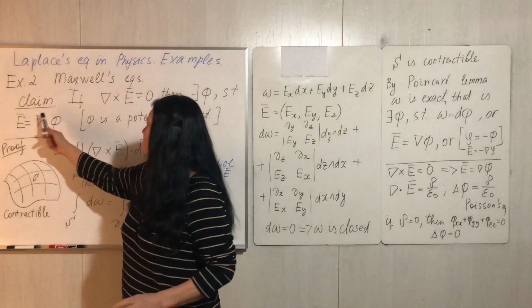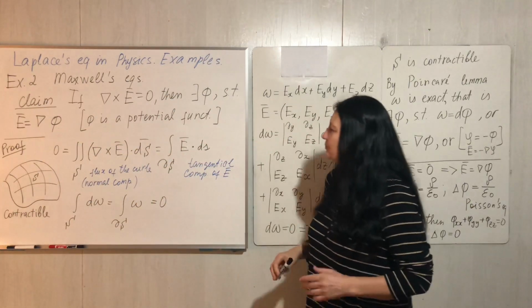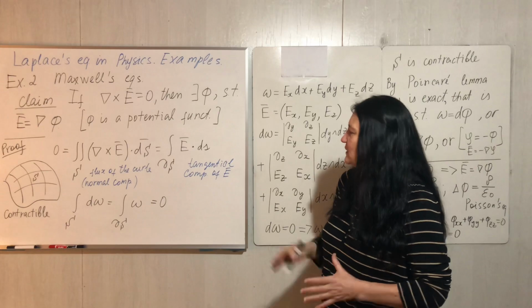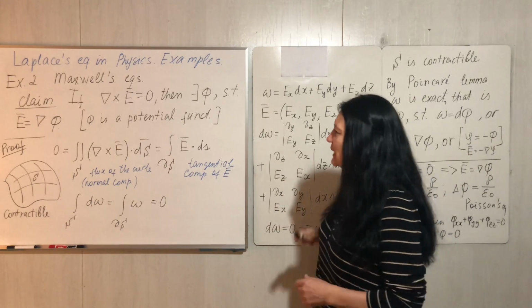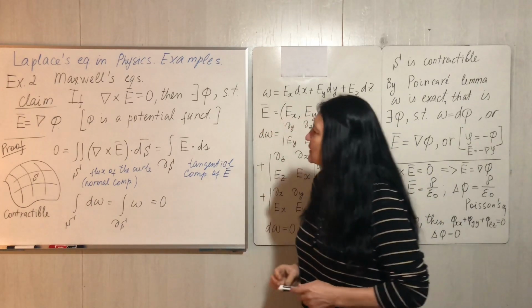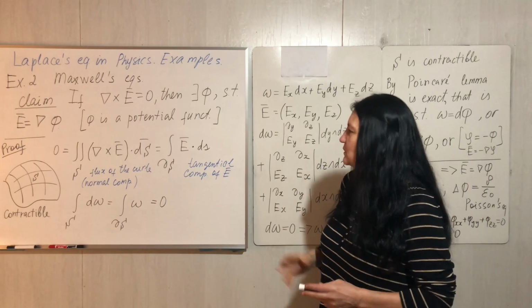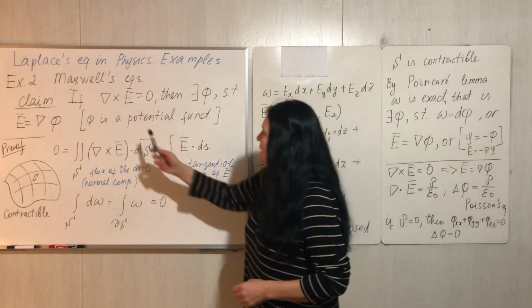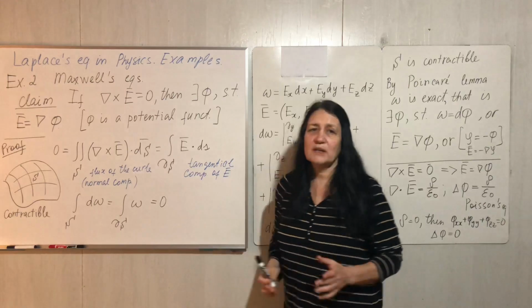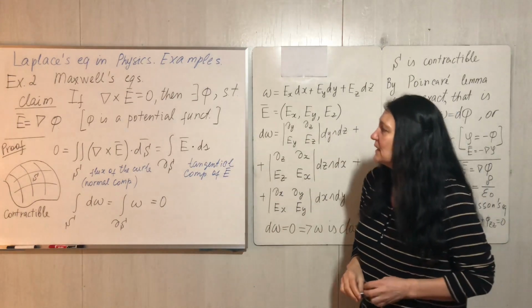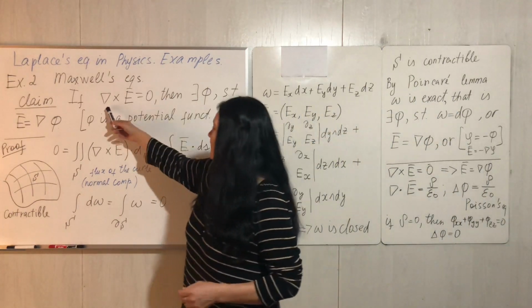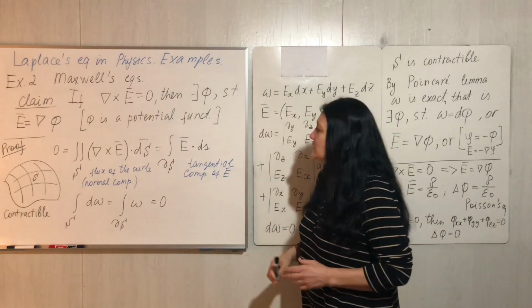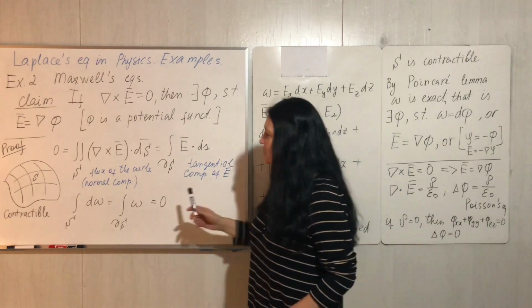If you want, you can put a minus here, but it will not change the computation. It's only at the end that we can see where it will be different. So now let's look at this equation, and let's integrate it over a surface.